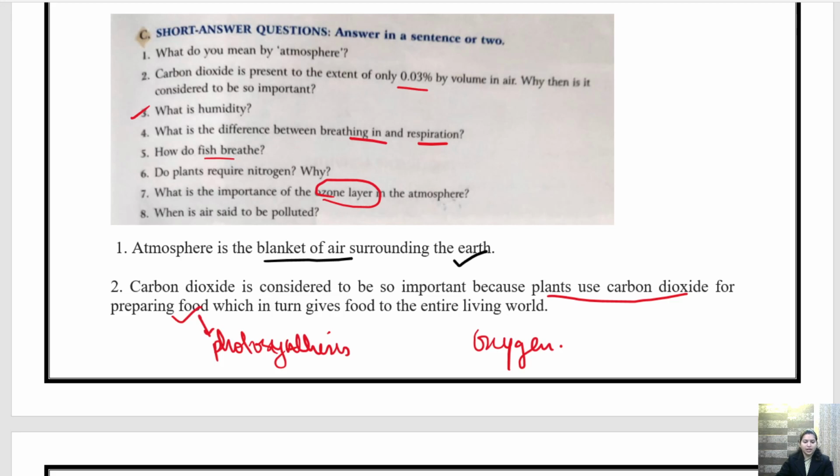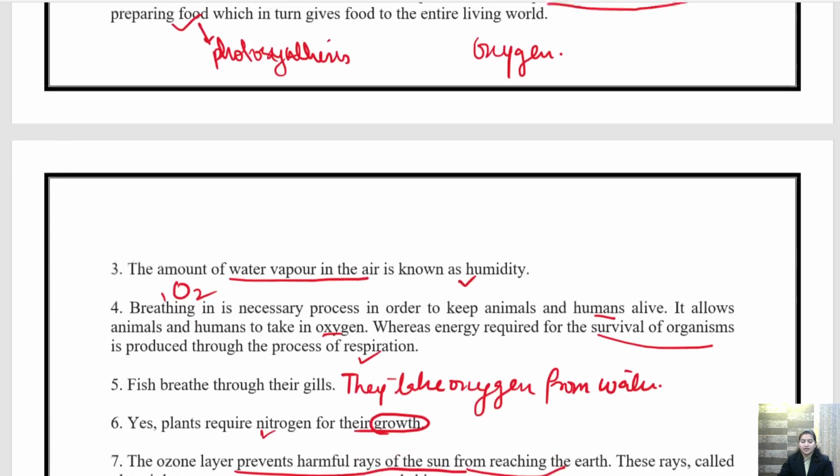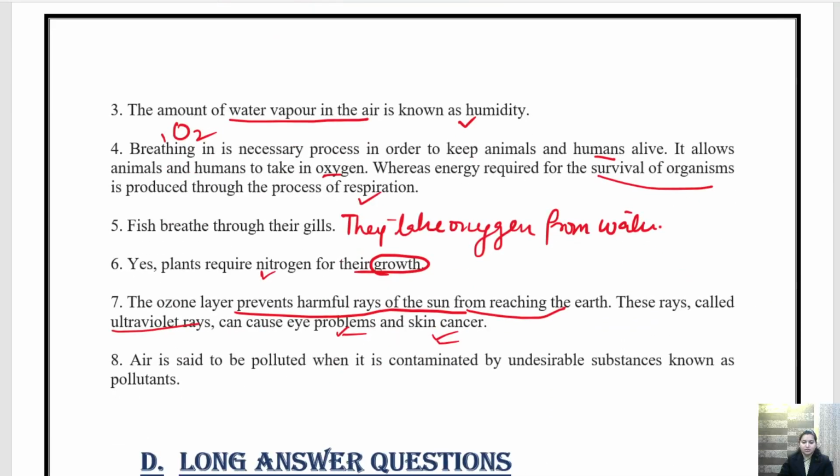Question number 8. When is air said to be polluted? When do we say that air is polluted? When there are undesirable substances present, when there is contamination.